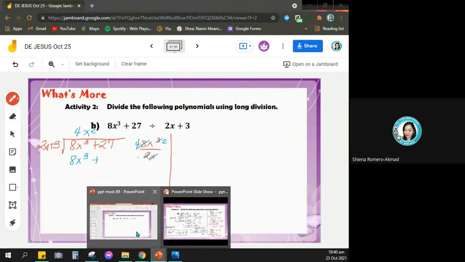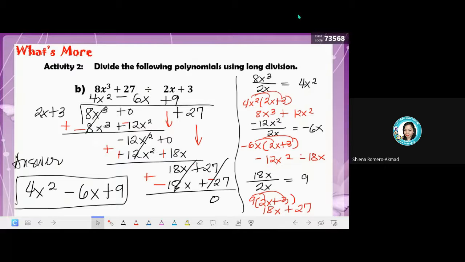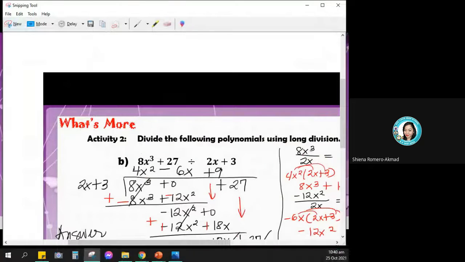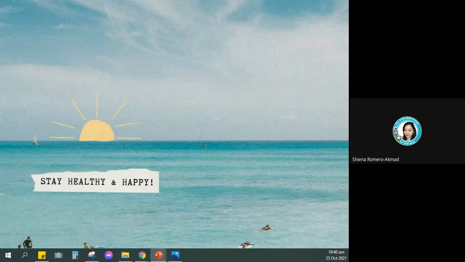Pwede nyo siyang makuha. Hindi ko na i-close yung link para may kopya kayo. Itong isa, i-screenshot ko na lang siya para mapunta siya doon. And meron pa tayong isa. Okay?